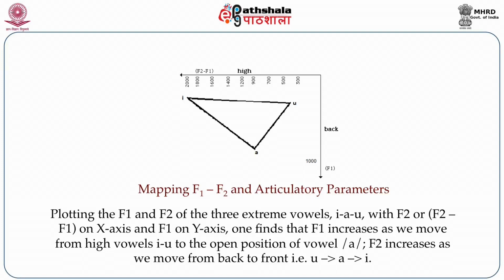In articulatory terms, we consider vowels as front or back, high or low. High or low can be open and close, open vowels and closed vowels, or front and back: E, A as the front vowels and U, O as the back vowels.